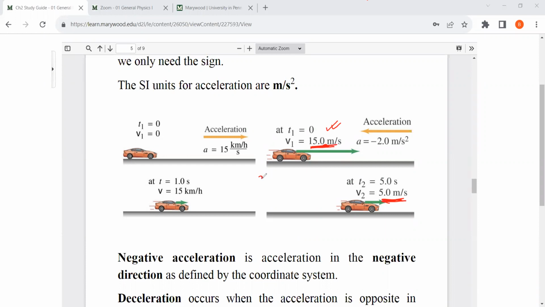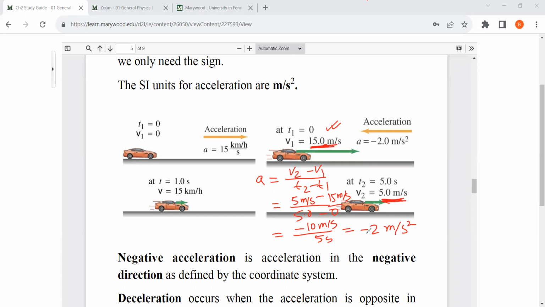Now if I calculate the acceleration, v2 minus v1 over t2 minus t1, or delta t. v2 is 5 meter per second, v1 is 15 meter per second, t2 is 5, t1 is 0. So we get minus 10 meter per second divided by 5 seconds, which is minus 2 meter per second square.